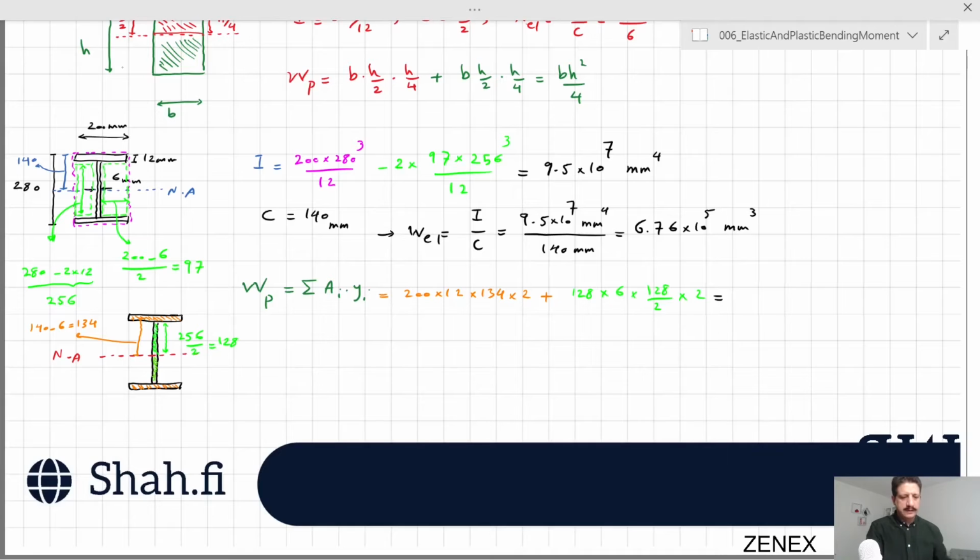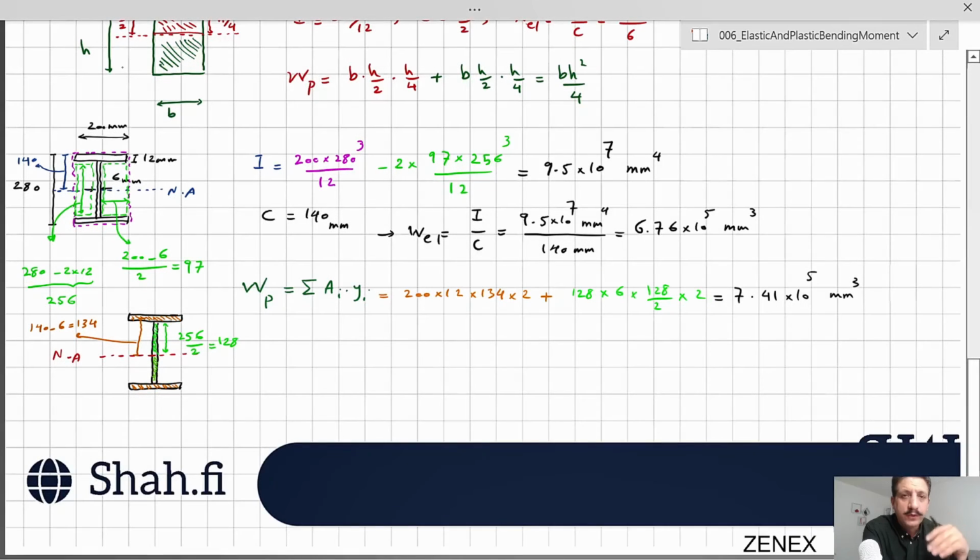So it will be 7.41 times 10 power 5 millimeter power 3. But what about between?